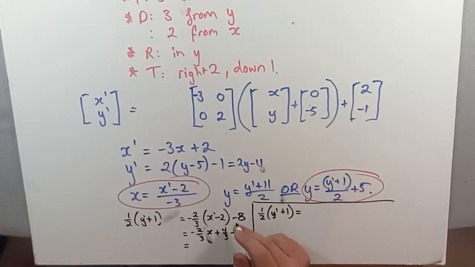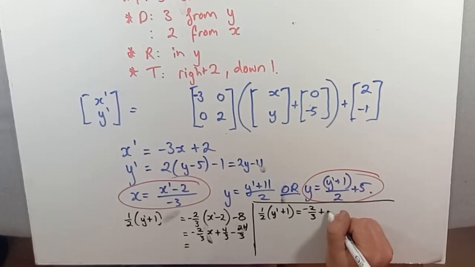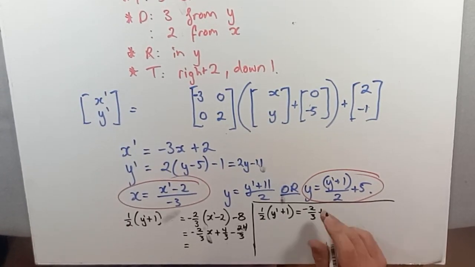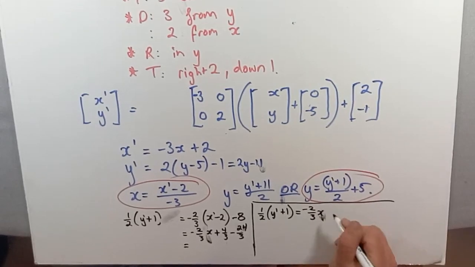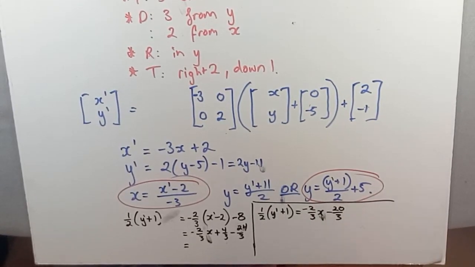Then I want 8/3, so it's going to become 24, isn't it? 24 minus 4, so I get minus 20 on 3. So I've got minus 2/3 x minus 20 on 3.